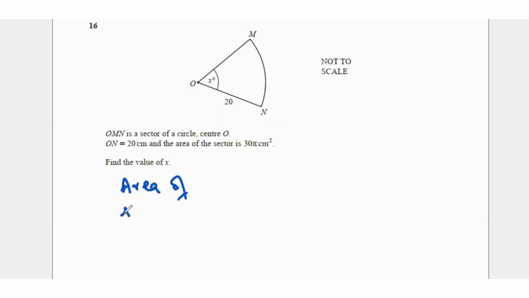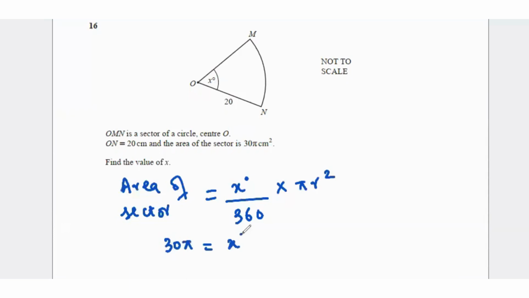Area of sector has a formula of angle divided by 360 times pi r squared. R is your radius. So we're going to replace area of sector by the value of 30 pi. X is what we have to find. 360 comes as it is. Pi comes as it is, and r is replaced with 20.